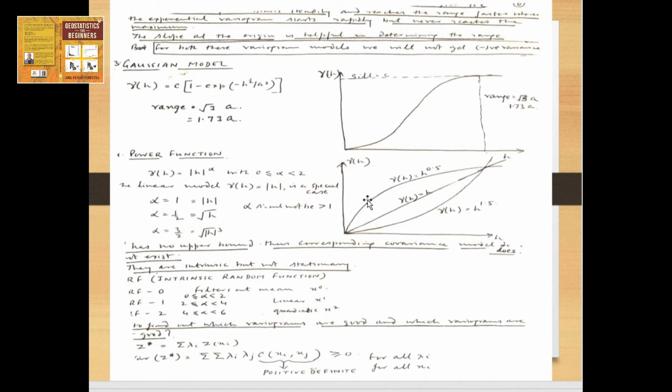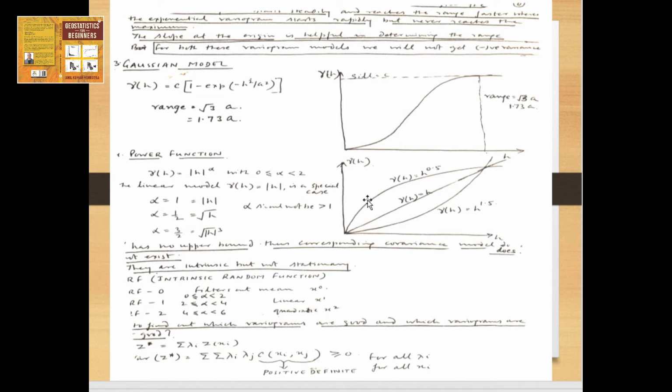Alpha equal to 1 gives h, alpha equal to half gives the square root of h, and alpha equal to 3 by 2 gives h to the power 3/2. It has no upper bound, thus the corresponding covariance model does not exist. They are intrinsic but not stationary.